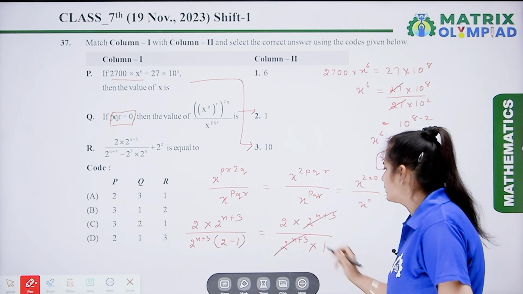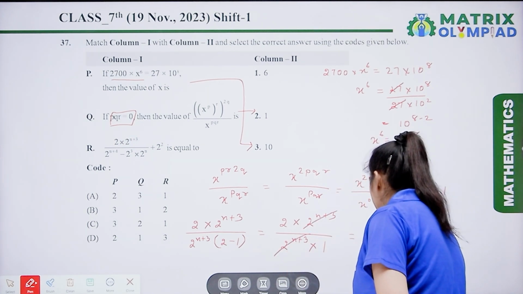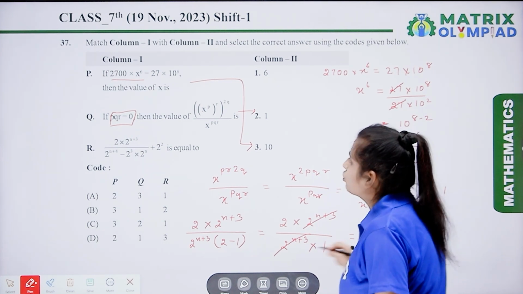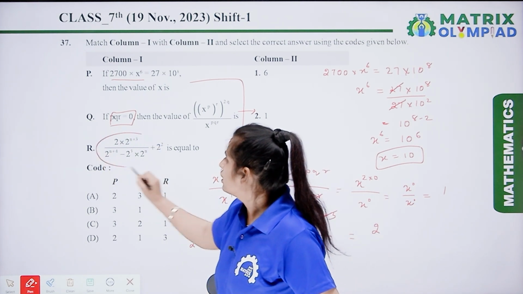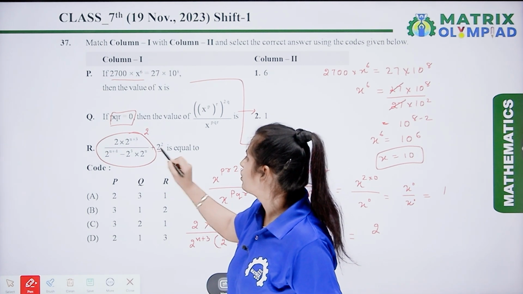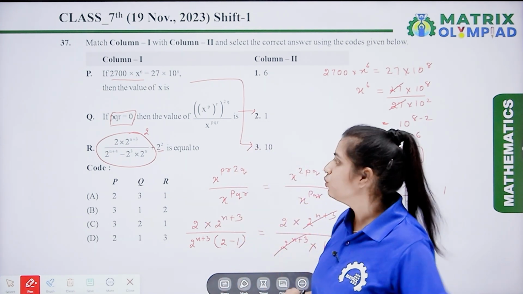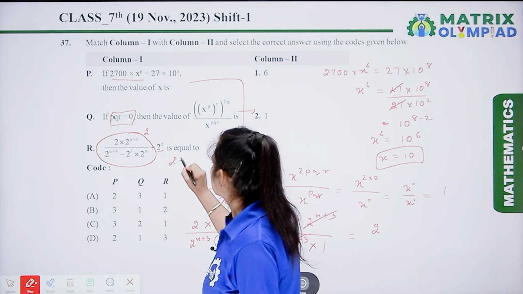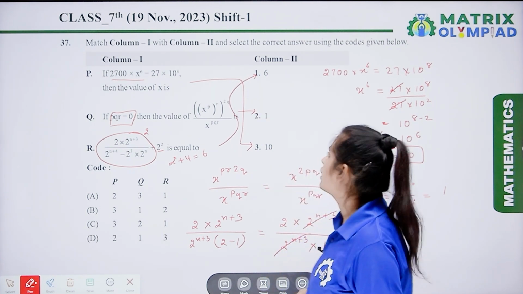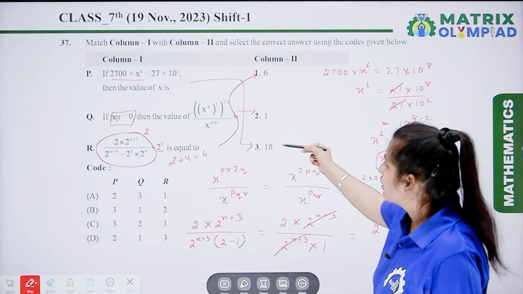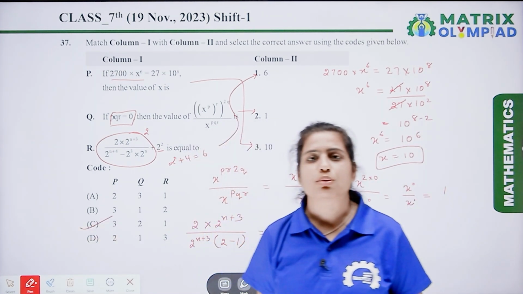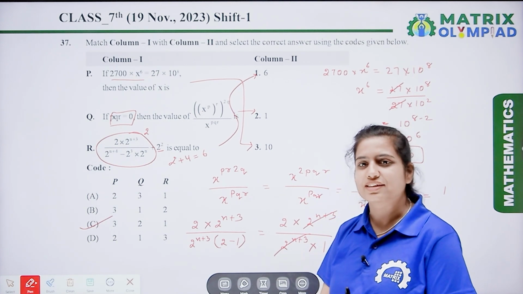So here this will be cancelled out and we are left with 2 here. So this whole will become 2. 2 plus 2 square is equal to 2 plus 4. So 2 plus 4 is equal to 6. The answer is 1. So the correct sequence is 3, 2, 1. So here 3, 2, 1 is in the C option. So here option C is the correct answer.